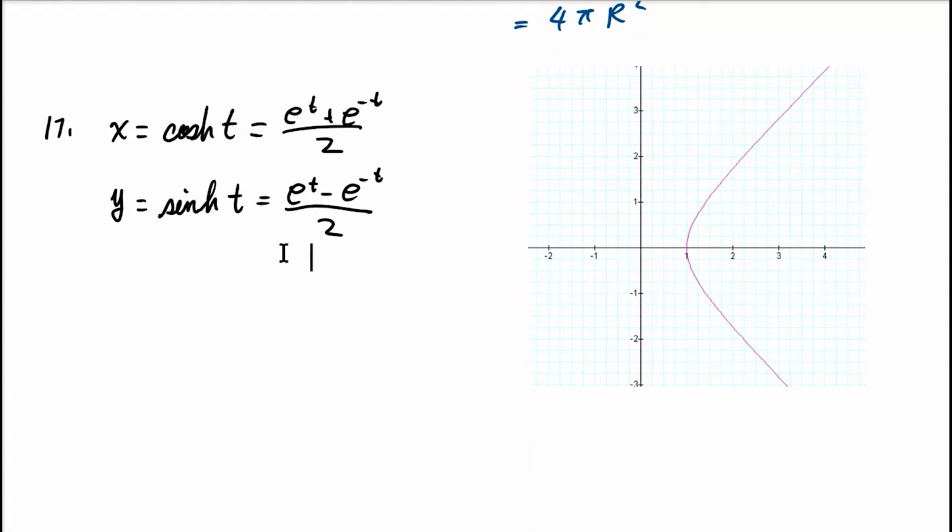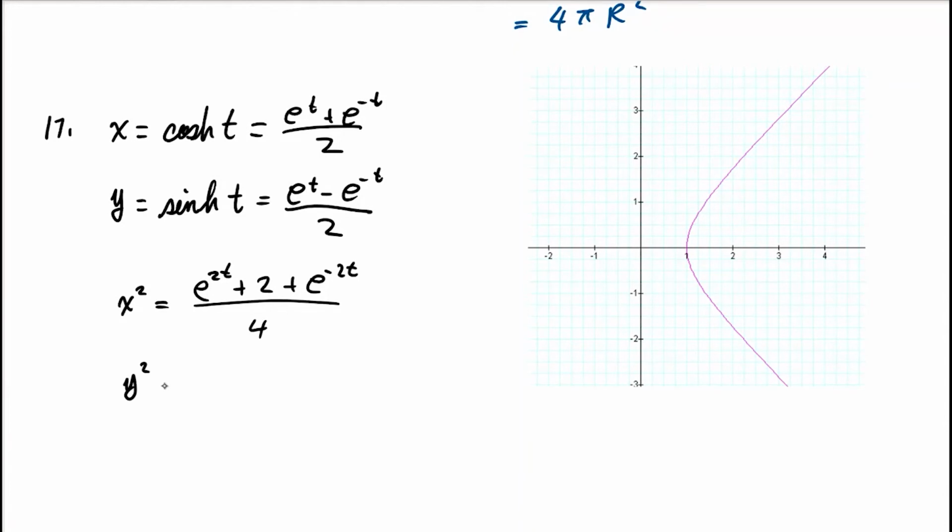Okay, we need to combine these things, right? First thing first, why don't we square both sides and see what that is? If I square it, the denominator becomes 4, so I would have e to the 2t plus 2 times this thingy times that thingy. That is 1 now, isn't it? Plus e to the negative 2t.